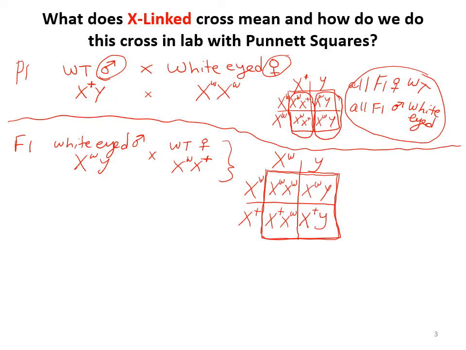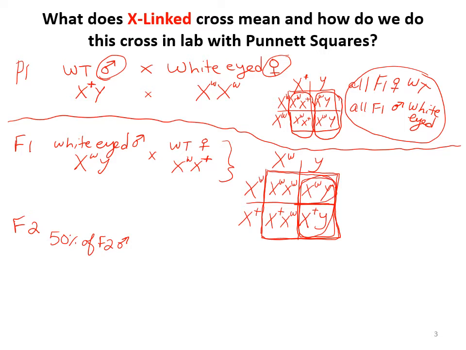Okay, so first we're going to go based on percentage of each of the different flies that we're looking at. So when you look at the male offspring, so we're looking at this side, you'll notice that the F2, what do they have? 50% of the males. So 50% of the F2 males. Okay, so we're only looking at the males right now. So half of those males, what do they look like?